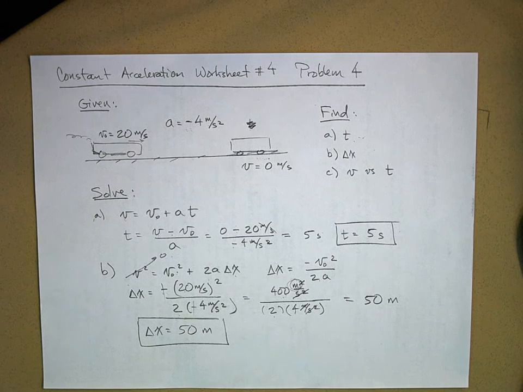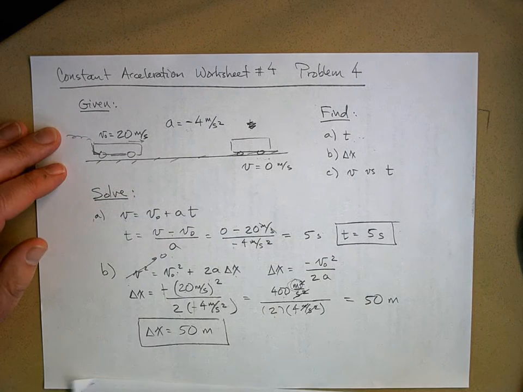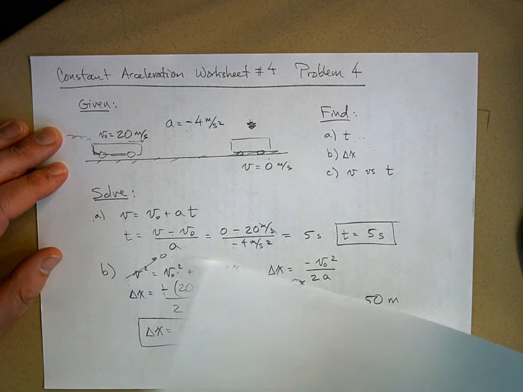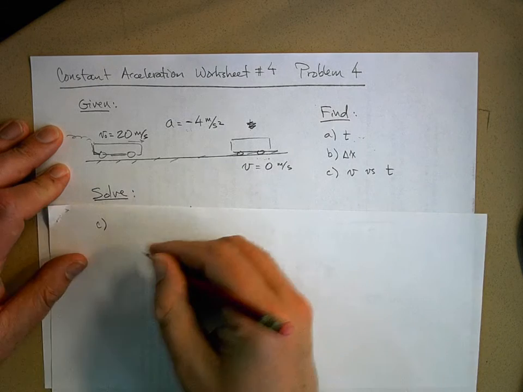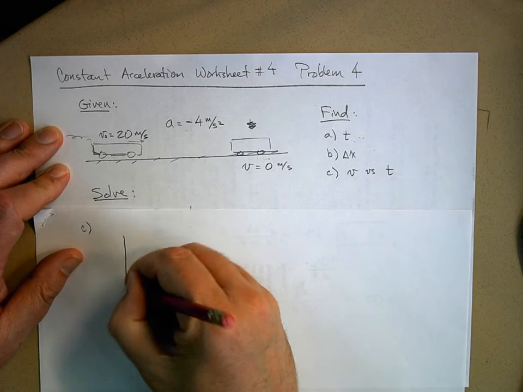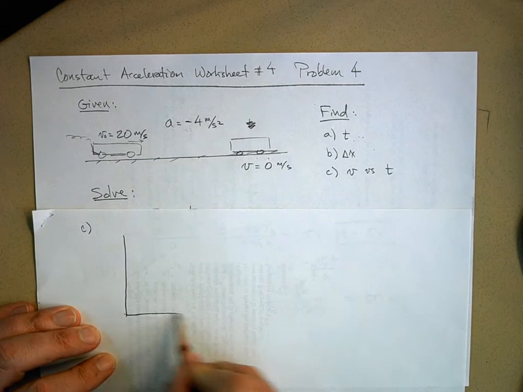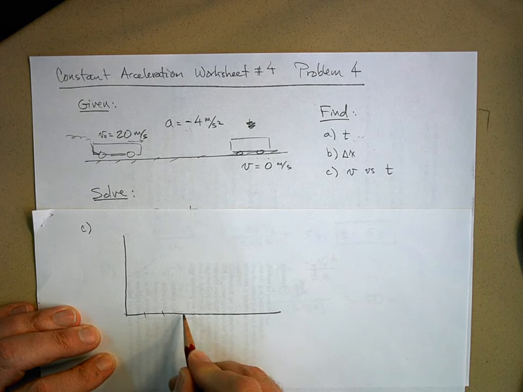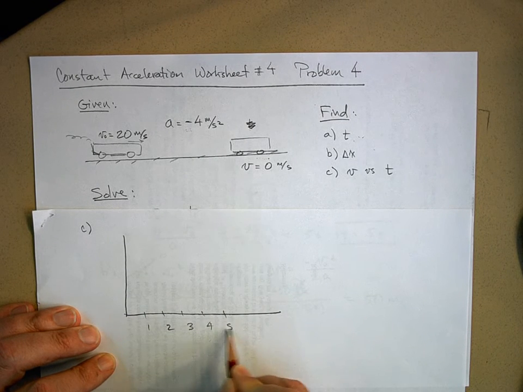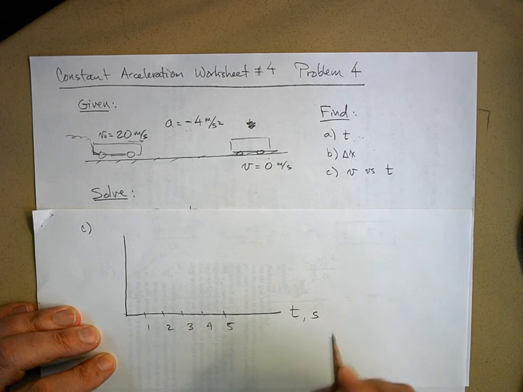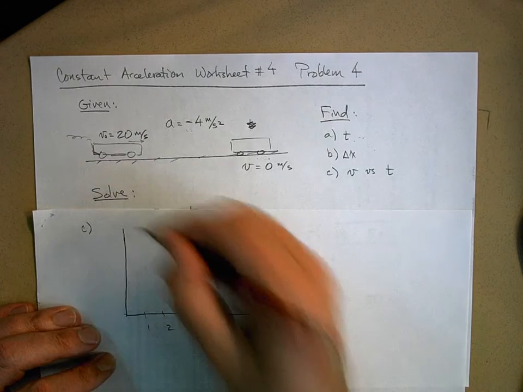Now let me show you this. We're going to do part C, and I need more paper. So I'm going to graph the velocity as a function of time. Now I do have to use the fact that it's 5 seconds. So this is part C. And so my time is going to go from 0 to 5, 1, 2, 3, 4, 5. Time in seconds. And then velocity, well, what is it?